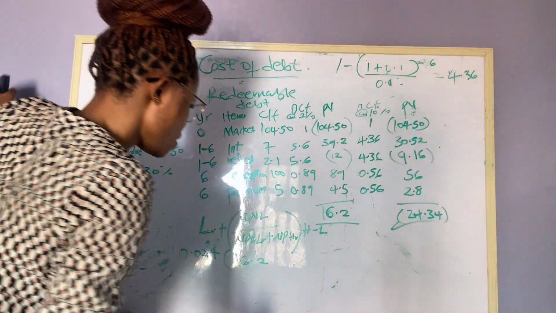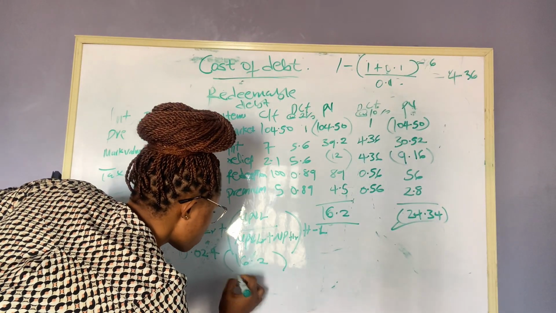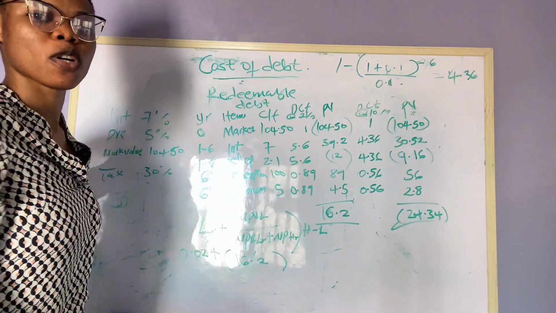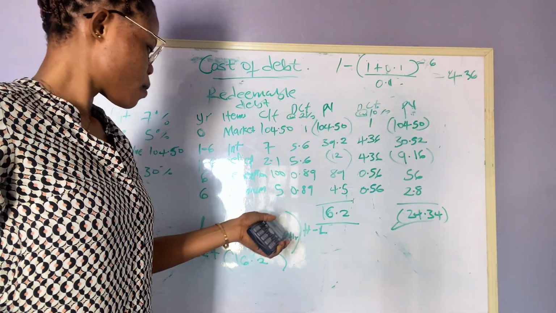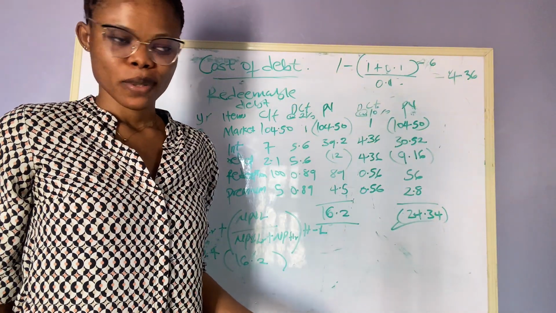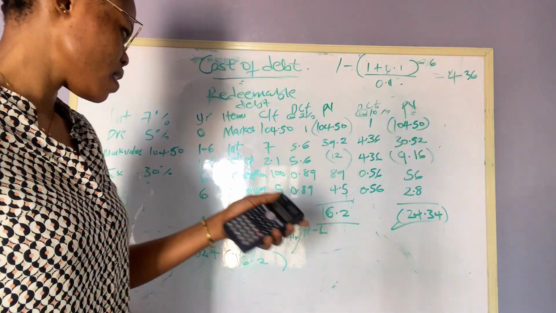So now NPV at lower rate, 16.2. The reason why I plus it is because the minus is supposed to be negative, so negative plus negative is plus. That's why I just did it straight.